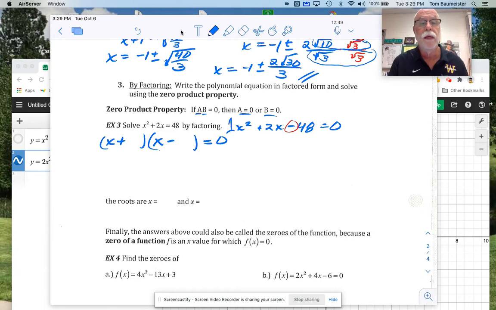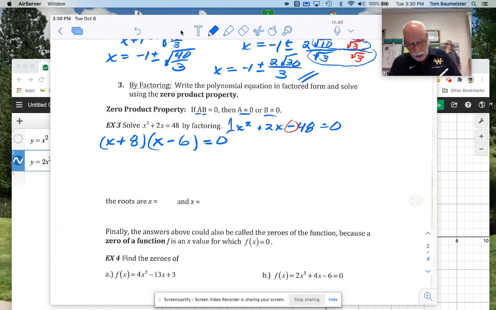So now you have to think to yourself, what are factors of 48 that, when I combine them, will give me a plus 2? Well, 48 would be 8 times 6. All right. And so if you think about that, that gives me plus 8x and minus 6x, which gives me plus 2, which is what I need.